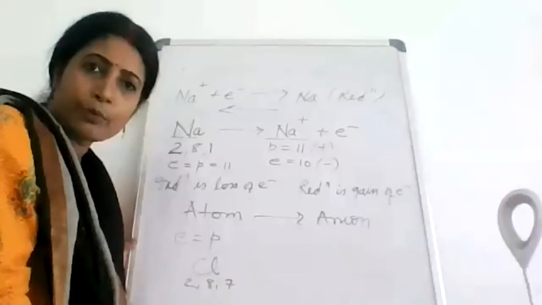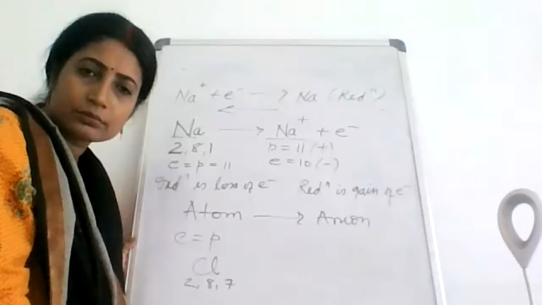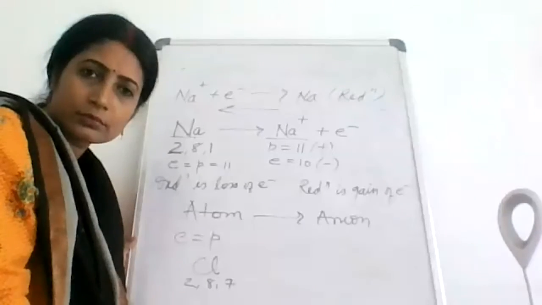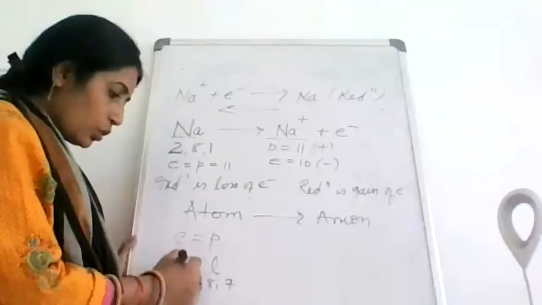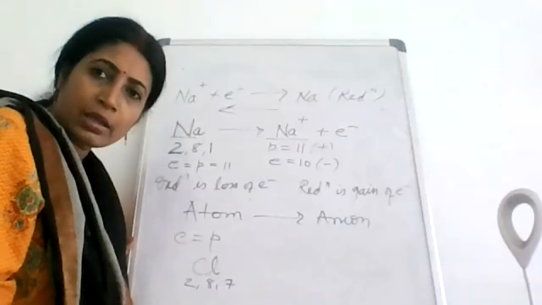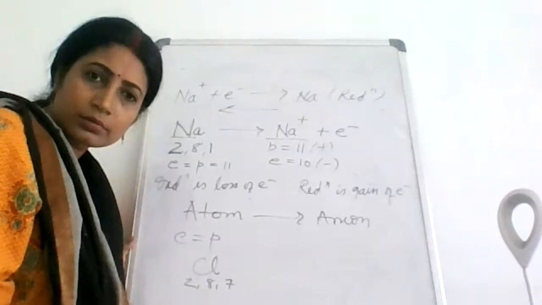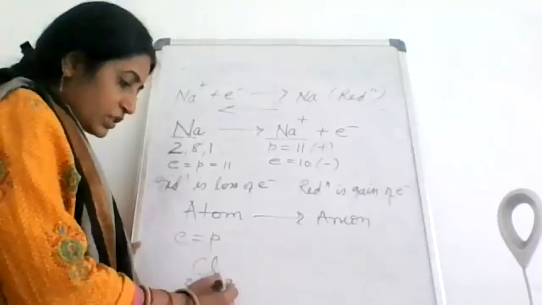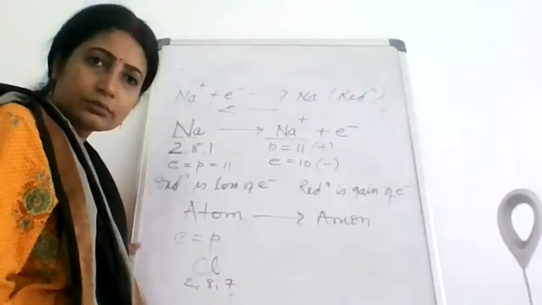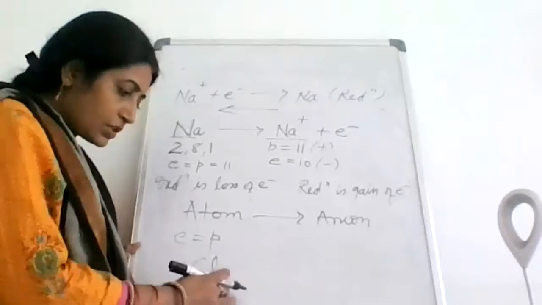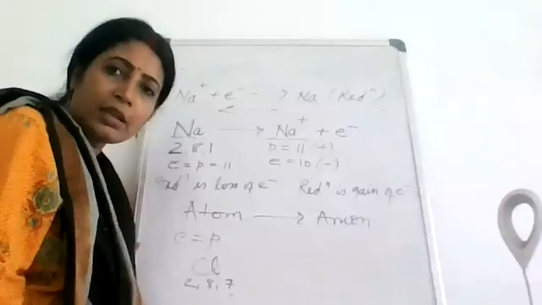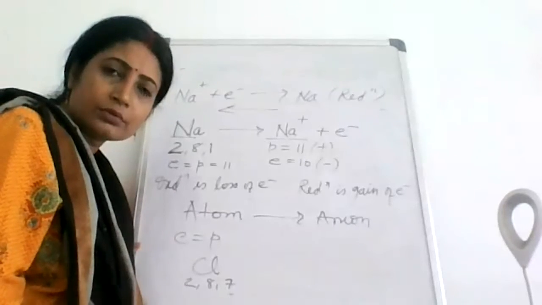क्लोरीन का इलेक्ट्रॉनिक कॉन्फ़िगरेशन क्या होता है? 2,8,7 होता है. ये स्टेबल है या अनस्टेबल है? Unstable. What does it need?